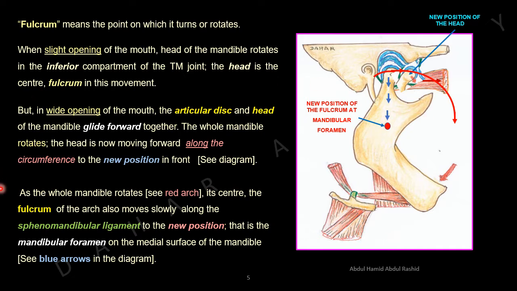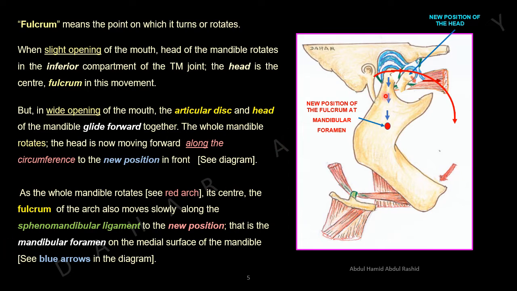As the whole mandible rotates, see red arch, its center, the fulcrum of the arch, also moves slowly along the sphenomandibular ligament to the new position, that is the mandibular foramen on the medial surface of the mandible.